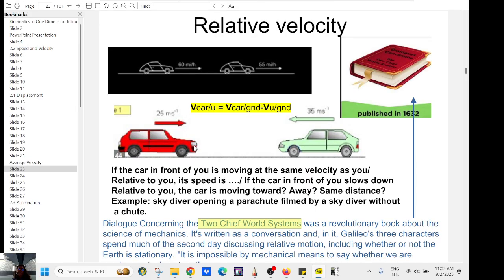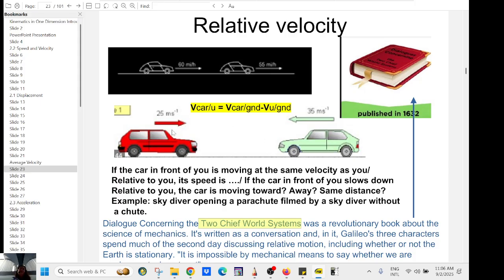So let me ask you something. Now, let's take a frame of reference inside the red car. So you are sitting inside the red car, and you are not moving. Let's say the red car is not moving. Only this one is moving, going straight into you.